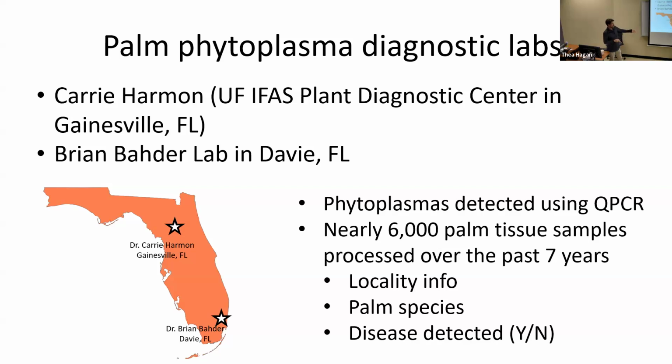Over the past 7 years, they've built up a database of 6,000 tissue samples where they know the host plant, they know where it came from, and they know if it had the phytoplasma or not. I was like, wow, this is a great resource. Maybe we can use this to answer the question of, can we predict where a palm is most likely to be infected?